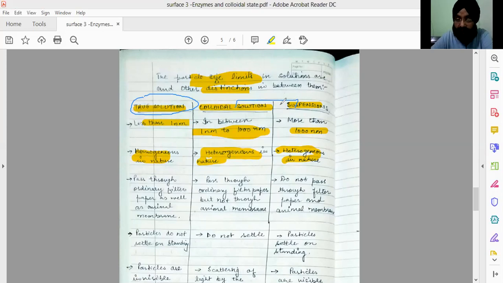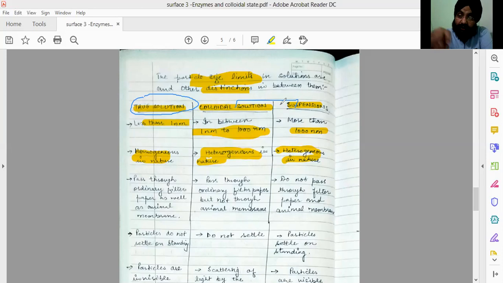If we add some mud in the water and stir it continuously for 1 or 2 minutes, then leave it for some time, we'll see very large particles settle down, and those come under the category of suspensions.